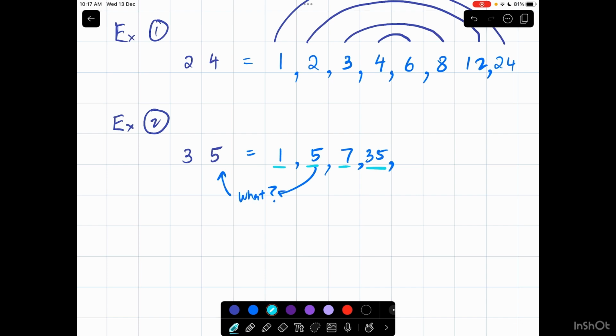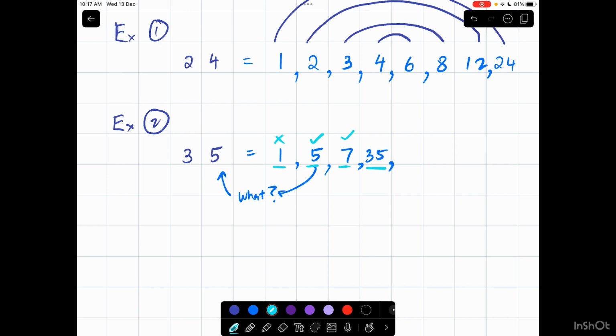As we said, 1 is not a prime number, 5 is a prime number because it is only divisible by 1 and 5, and 7 is also a prime number because it is divisible by 1 and by itself.